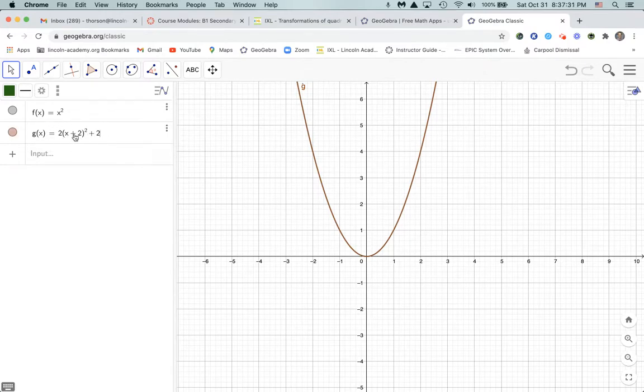Well, I start in parentheses, follow order of operations. If I add 2, that actually shifts it not to the right, but to the left. If I times by 2, it's going to make it skinnier. And if I add 2, it's going to shift it up 2. So I should start right here, and it should be skinnier, opened upward. Here we go. Let's see. And lo and behold, it is.